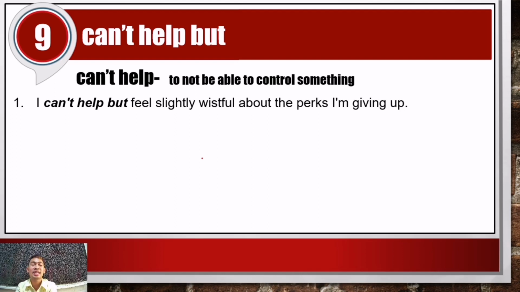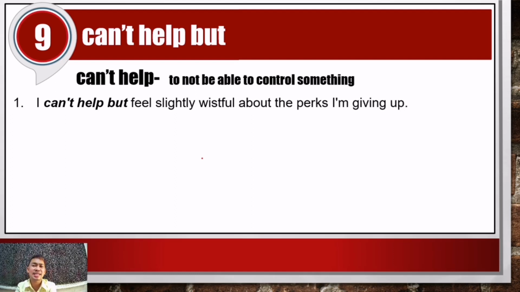We have here: I can't help but feel slightly wistful about the perks I'm giving up. Now, as you can see there, the verbal phrase can't help is followed by the conjunction but. Then what comes after the conjunction but is the base form of the verb, which is feel.